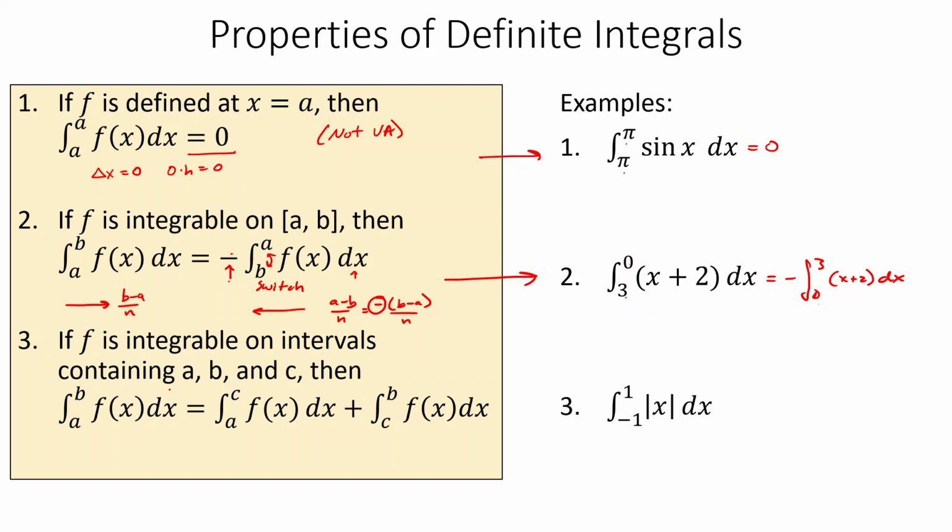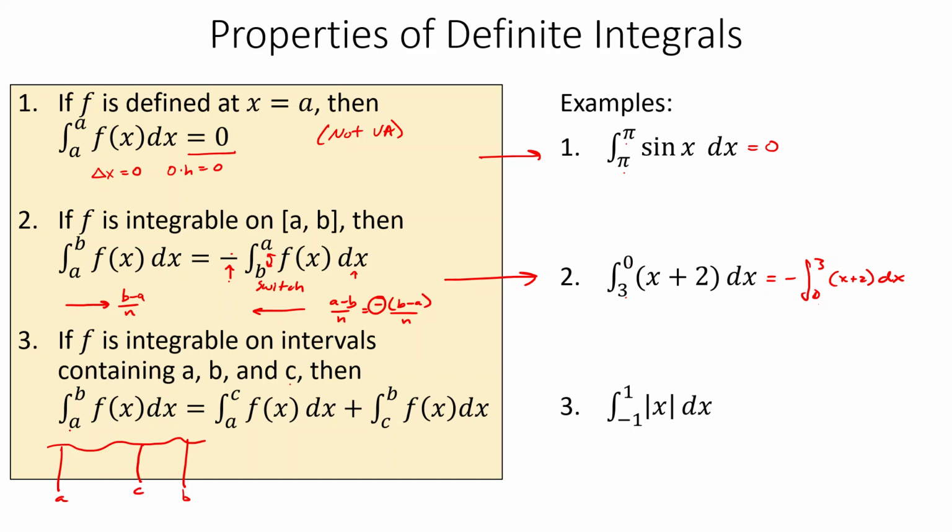And the last property here that we're looking at is if c is some number, it doesn't even matter if it's between a and b. It could be outside of a and b or it could be between a and b. Between a and b kind of makes more sense when you think about it area-wise. So we've got some curve, here's a, here's b. I'm treating this as my x-axis, and here's c.